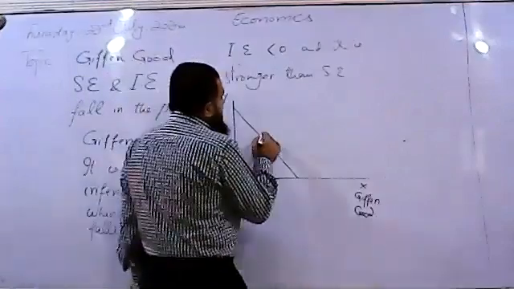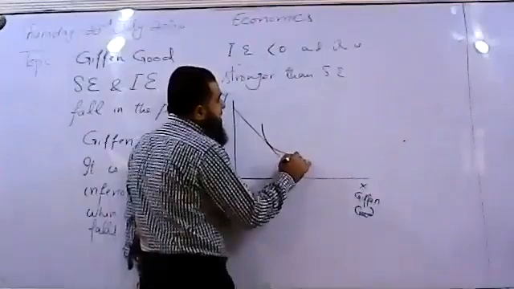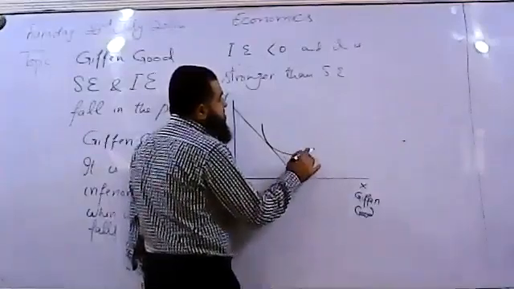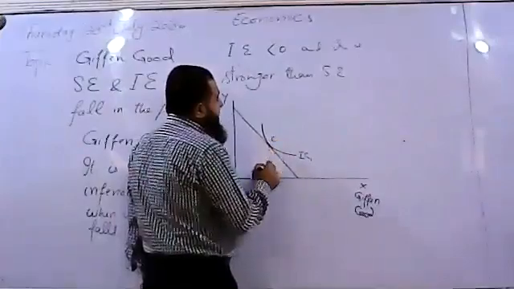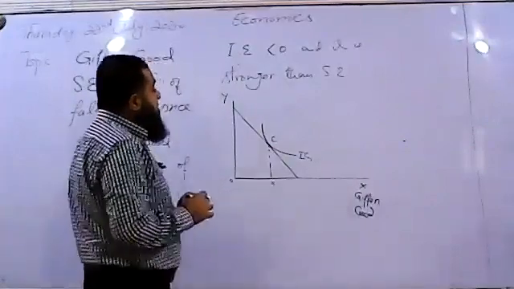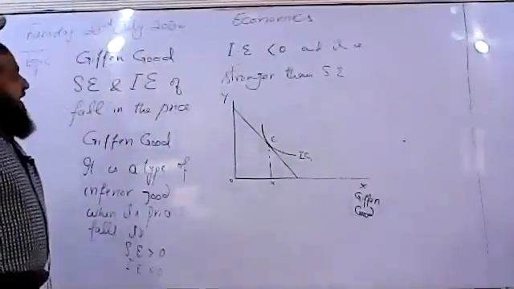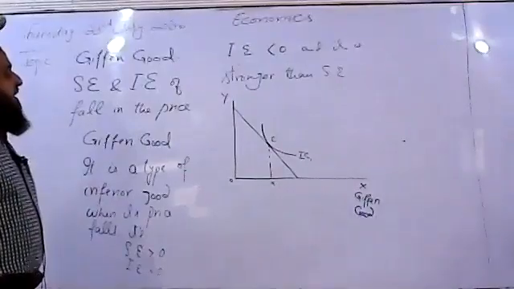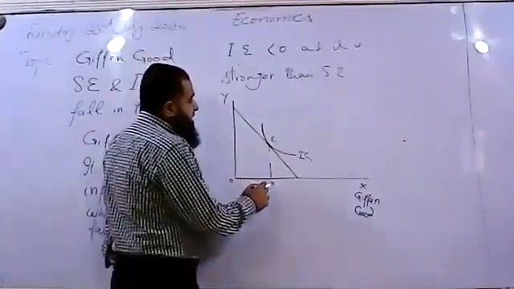So here we find the consumer equilibrium is the point where his highest attainable indifference curve makes a tangency condition with his budget line. So these are the number of units.